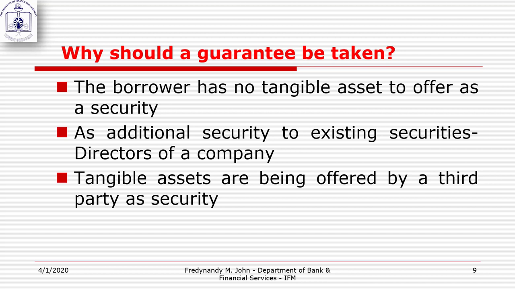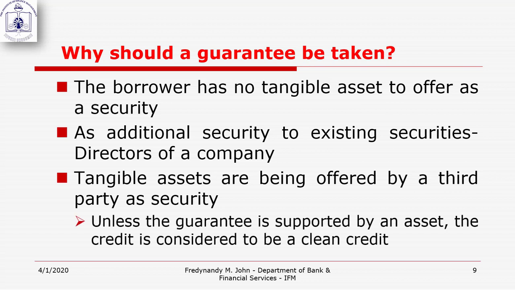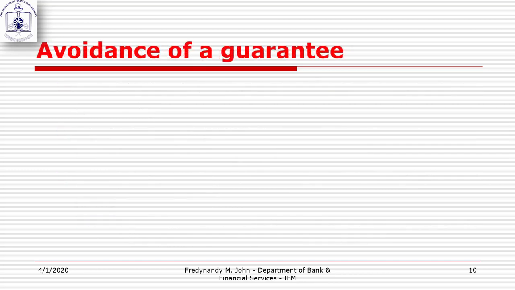So that being the reason, you can call for a secondary security, and that will be a guarantee, just to be sure that in case the third party withdraws the pledged security, then you have a fallout plan or a backup plan, and that will be the guarantee contract. So unless the guarantee is supported by an asset, the credit is considered to be a clean credit.